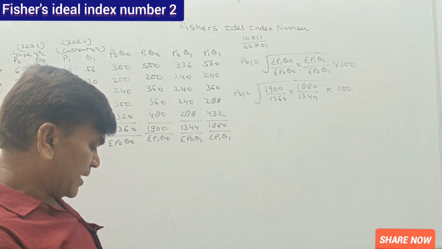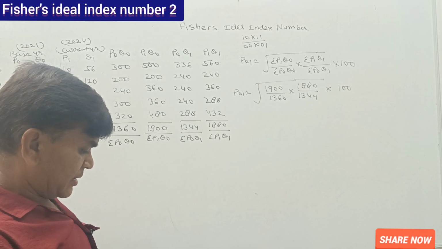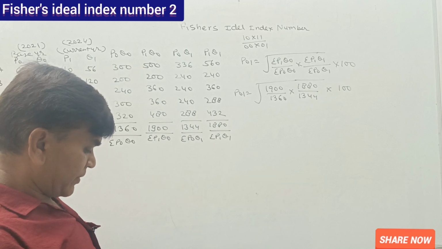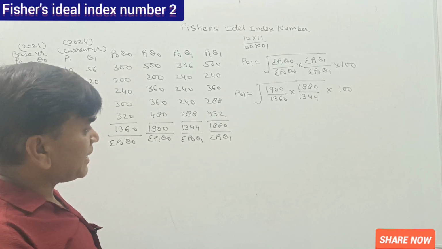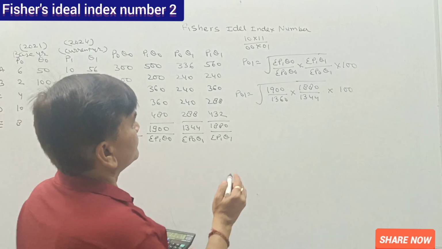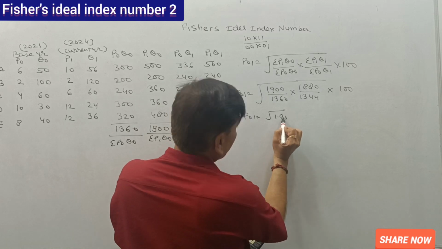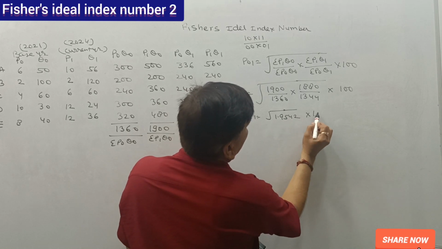That is 1900 multiplied by 1880, divided by 1360, again divided by 1344. That is the square root of 1.9542, multiplied by 100.